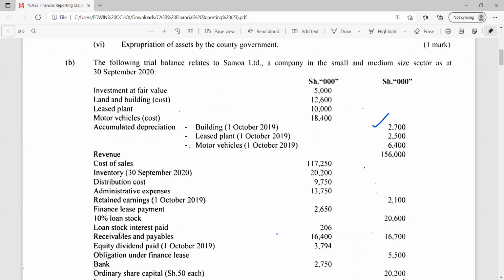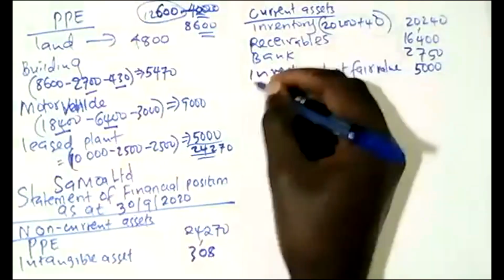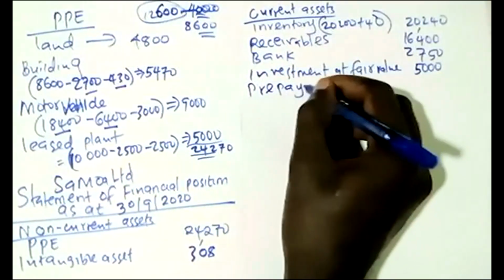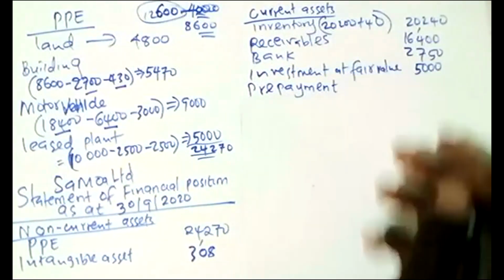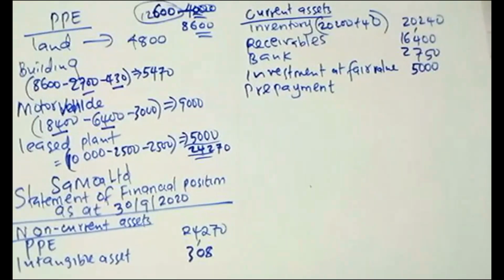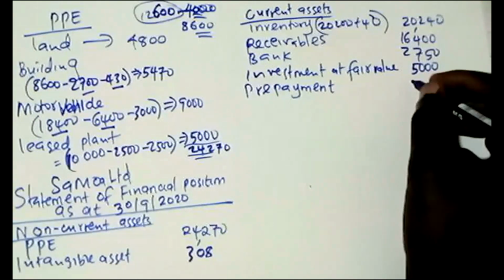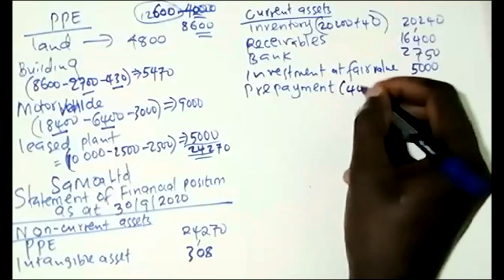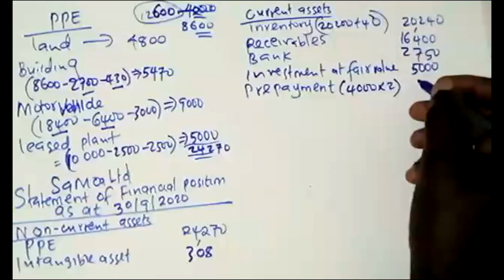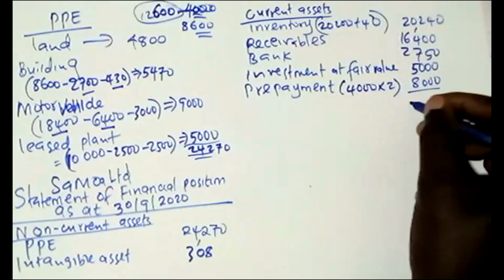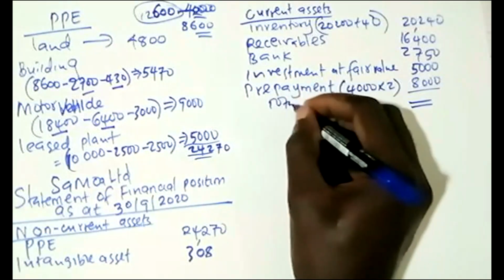That is our current asset. Investment at fair value, the 5,000. Then finally there was some prepayment. Which prepayment? Maintenance cost, yes. So the total amount was 8,000. So we have the total assets there.